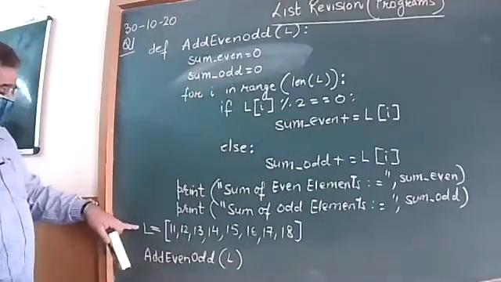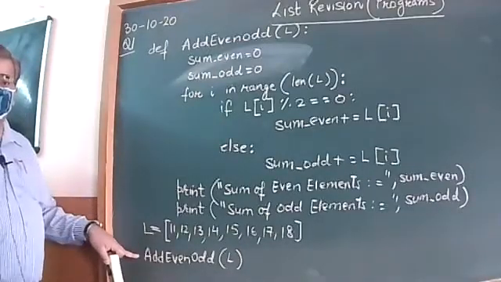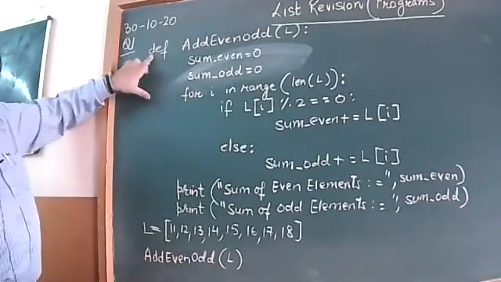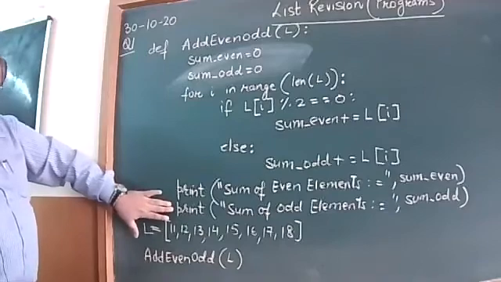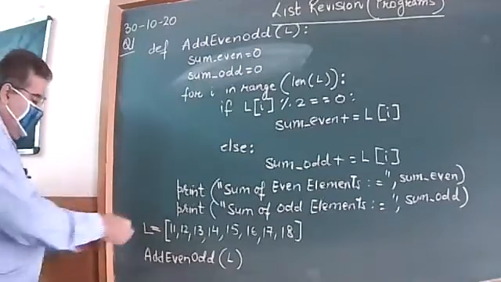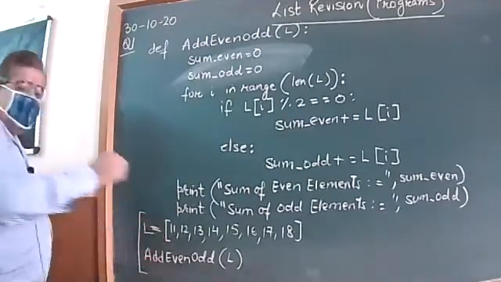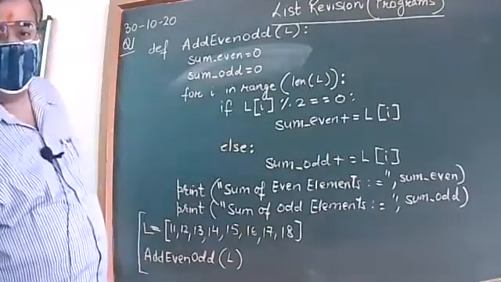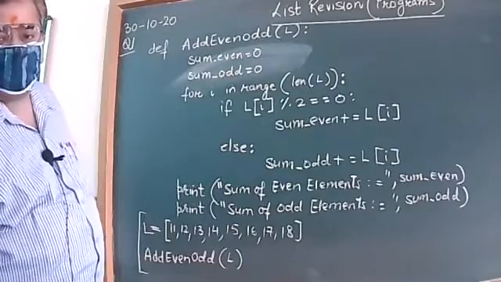This is the main function. This whole is the function block, but this area where I have drawn this bracket, this is the main function, right? And function has been called from the main function.